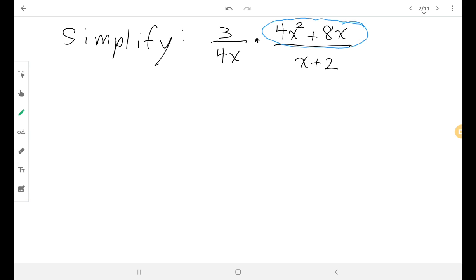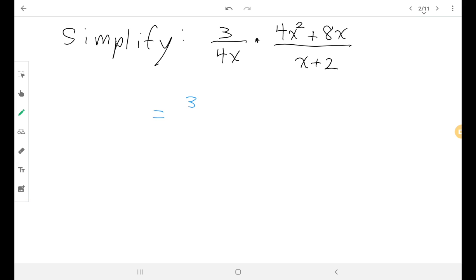The only thing that you can really pull apart in any significant way here is this piece right here. So let's talk about fractions: you do top times top, bottom times bottom when you're multiplying.